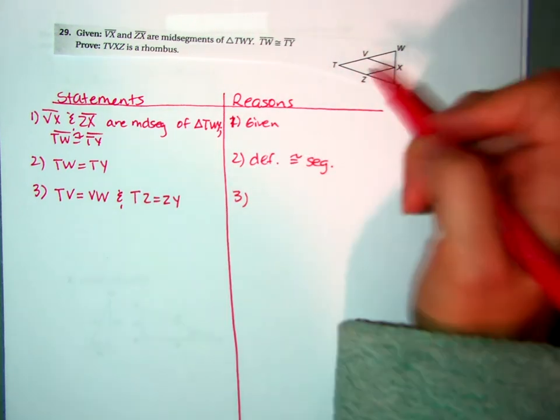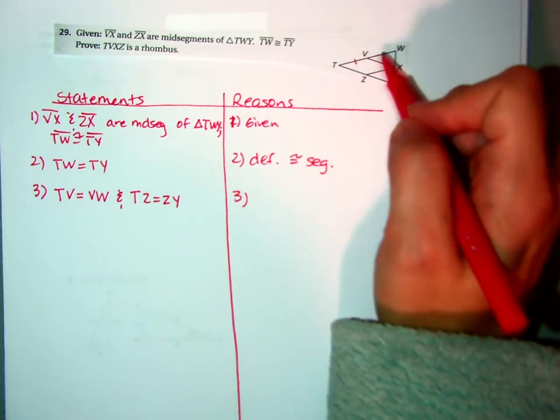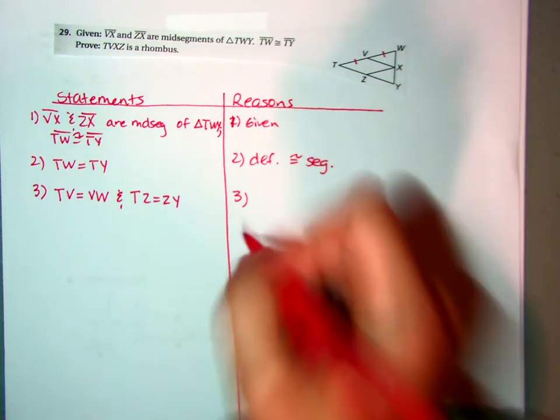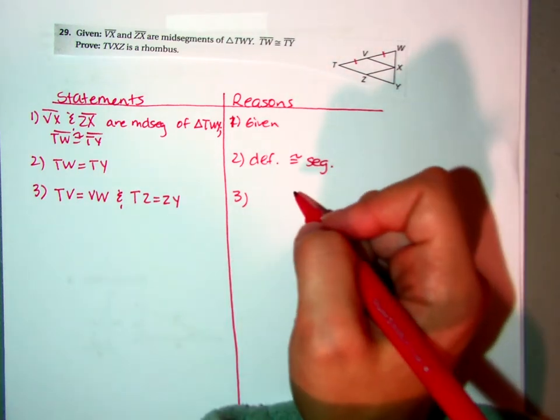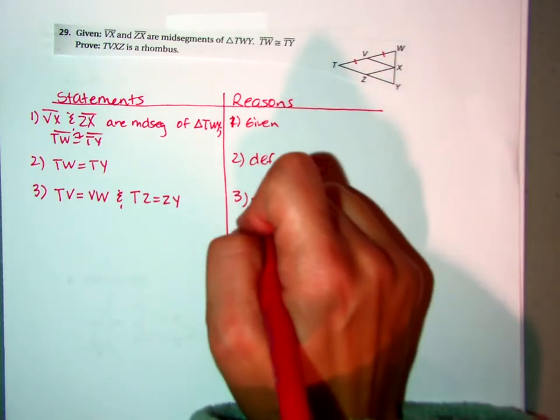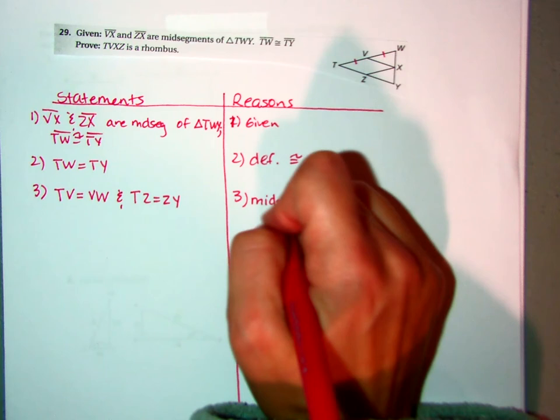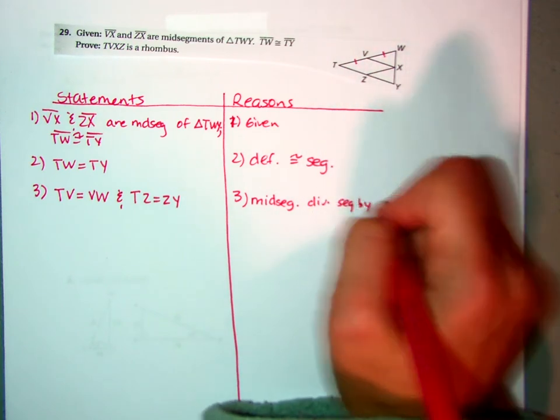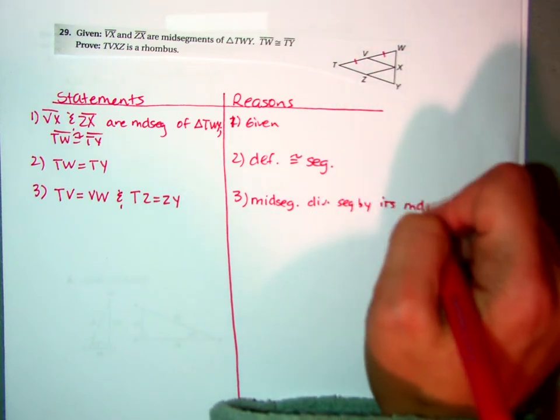Now, why am I allowed to say that this is going to be congruent to this and this is going to be congruent to this? Well, the reason is that when a mid-segment divides another segment by its midpoint, we get congruent parts.